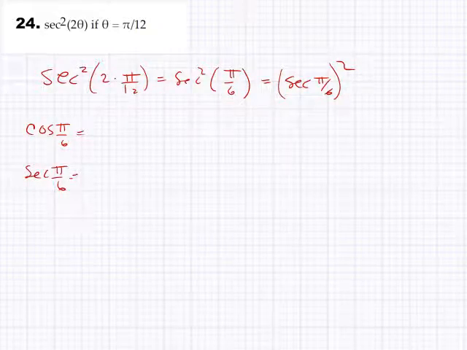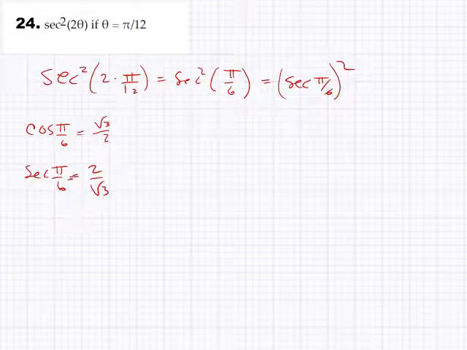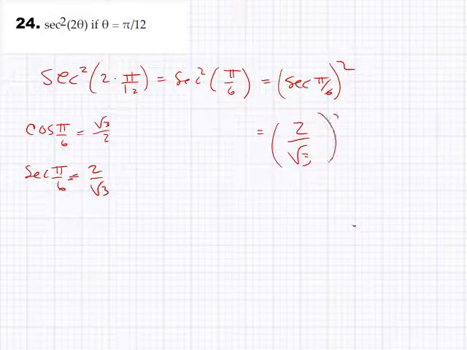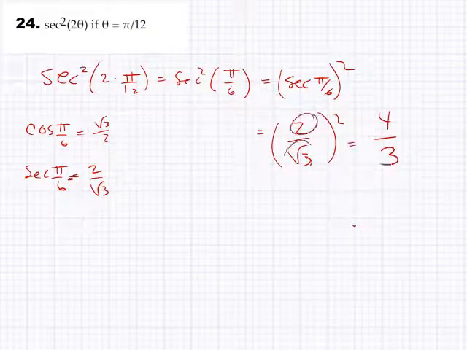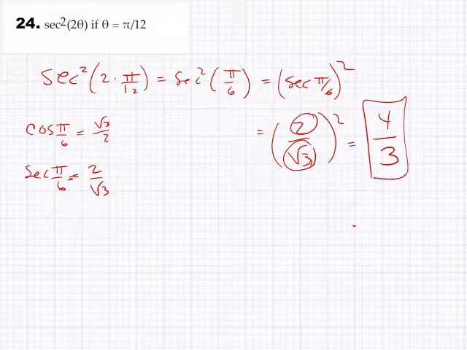Because the cosine of pi sixths we should all know to be square root of 3 over 2. So the secant of pi sixths should be the reciprocal of that, 2 over the square root of 3. So then if we do 2 over the square root of 3 and then square that, you see we're going to get 4 over 3. Square the 2, square the square root, and you get 4/3.